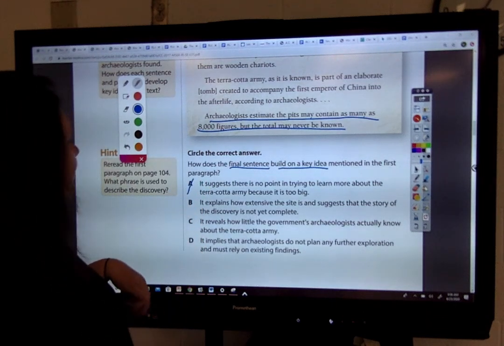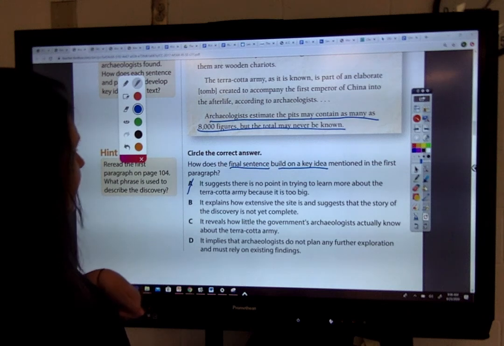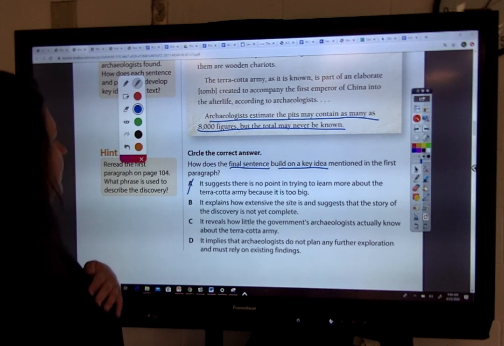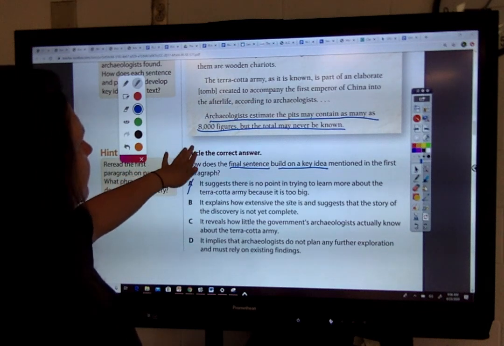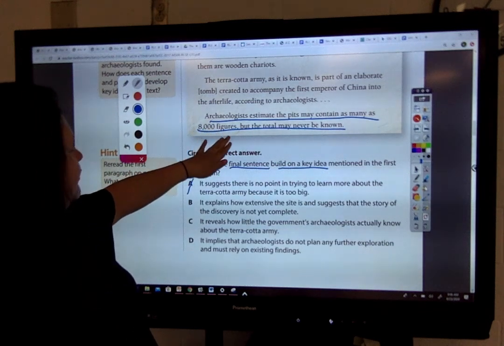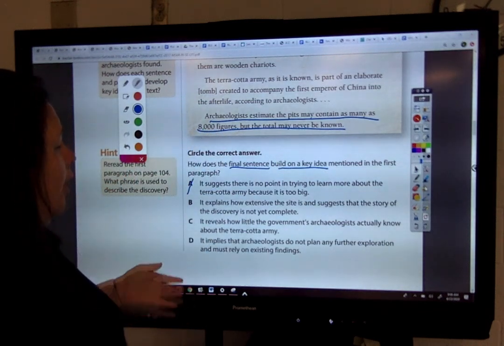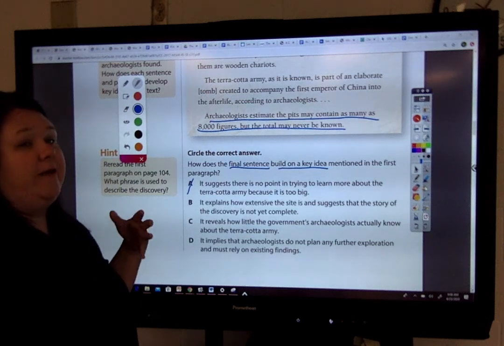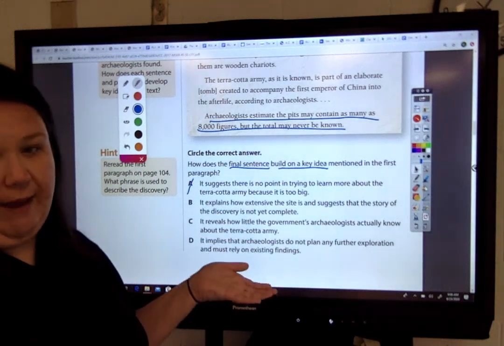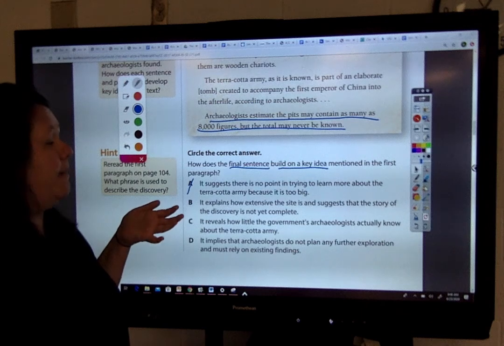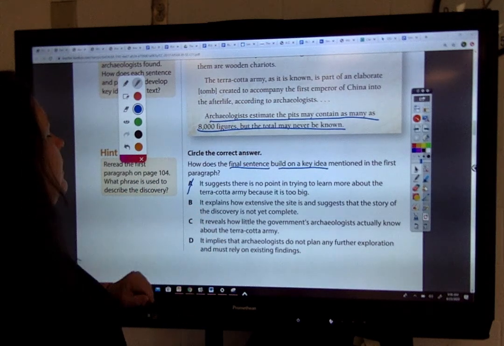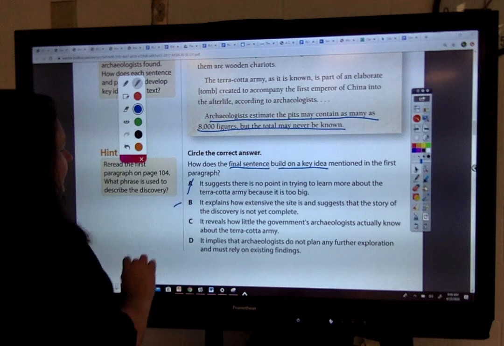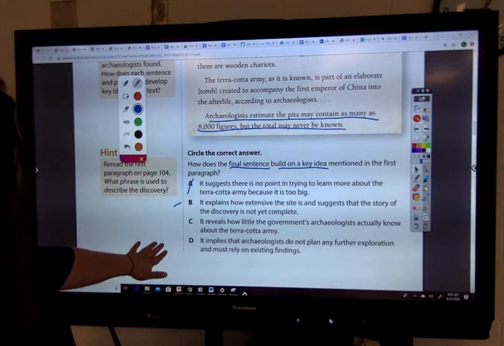B, it explains how extensive the site is and suggests that the story of discovery is not yet complete. Let's read it again. Archaeologists estimate the pits may contain as many as 8,000 figures, but the total may never be known. So that's telling me there's no idea how many are really out there, that they may never all be completely discovered. So B looks like it could be my answer, but let's keep reading.